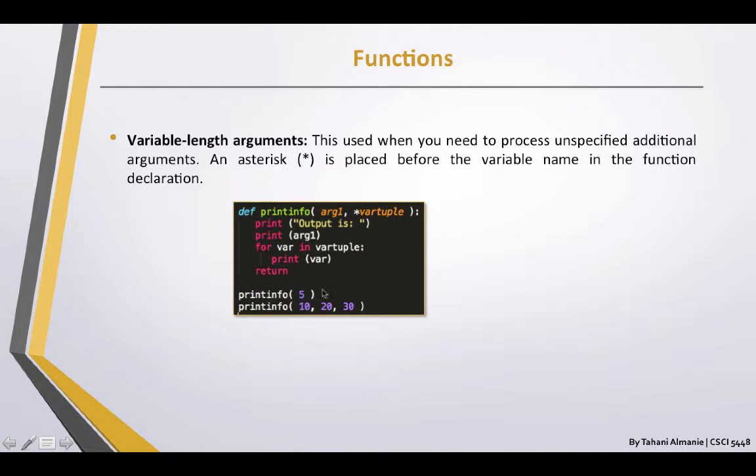So in this case, in the first function call, arg1 will have number 5, and in the second one, arg1 will take 10, and the remaining arguments will be in this tuple. So this is the output.